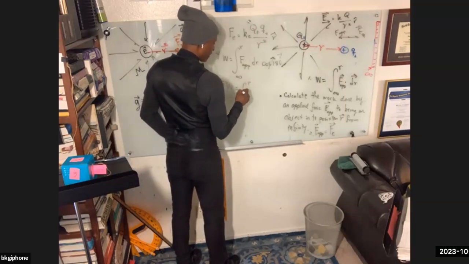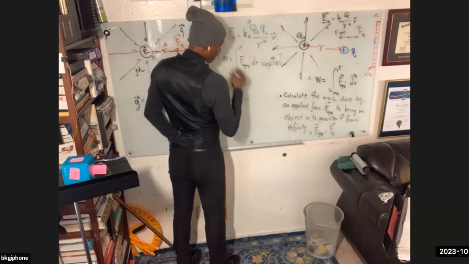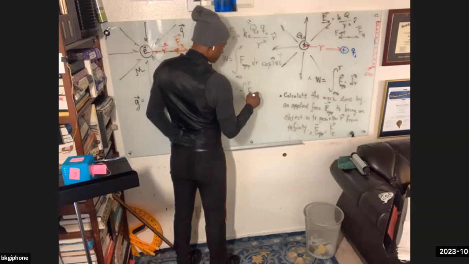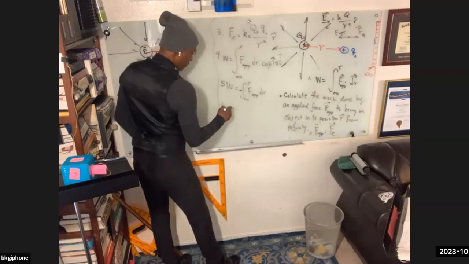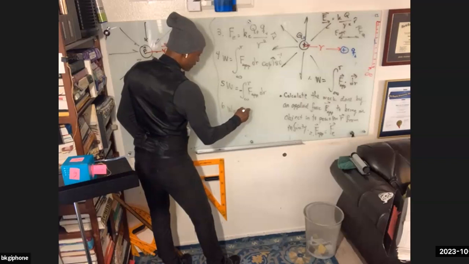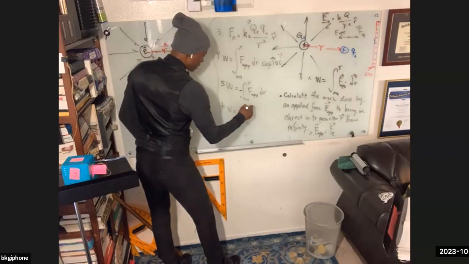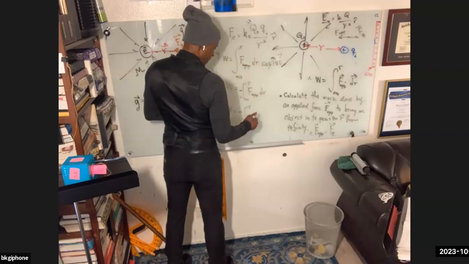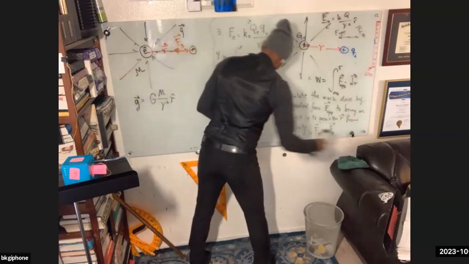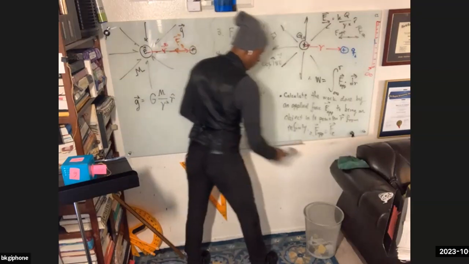So the negative sign I put out there, and then I have F applied dr, but F applied is equal to Fe. So the integral that I'm working out is a negative integral from infinity to R of, when I put it in, I'll take all the constant stuff out.